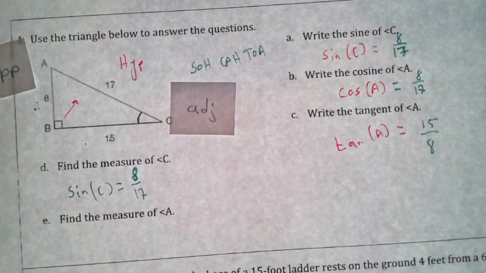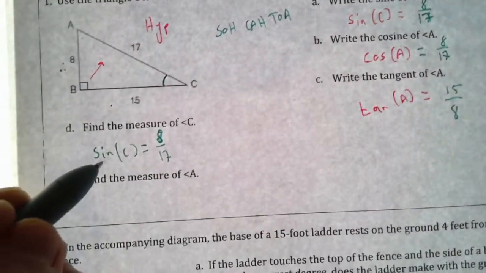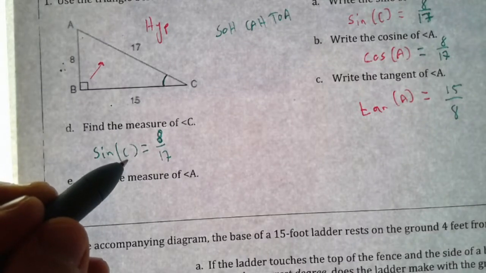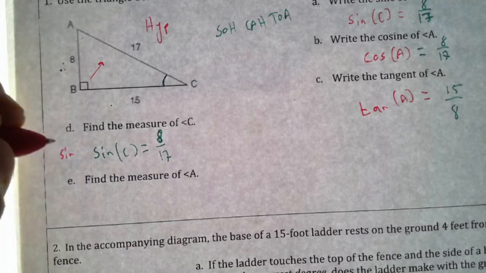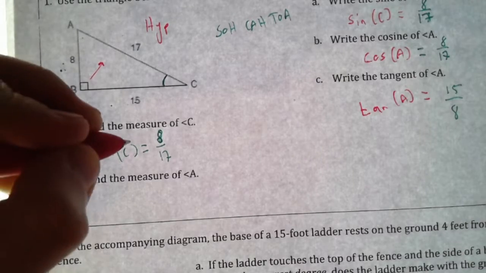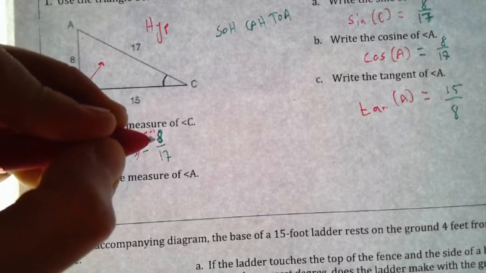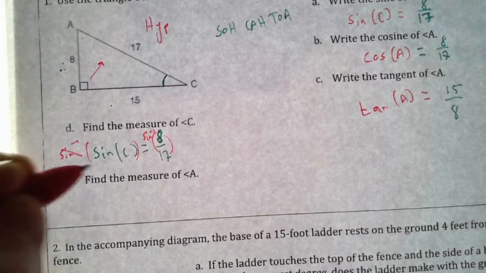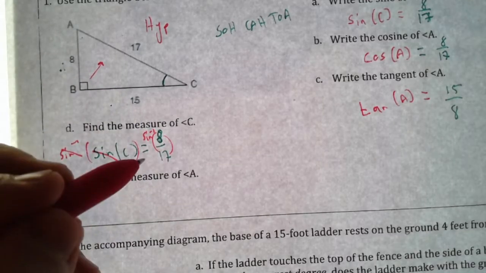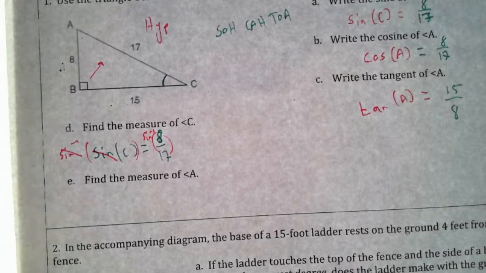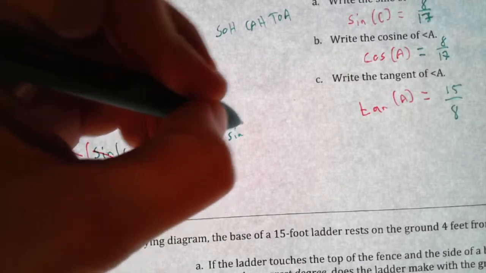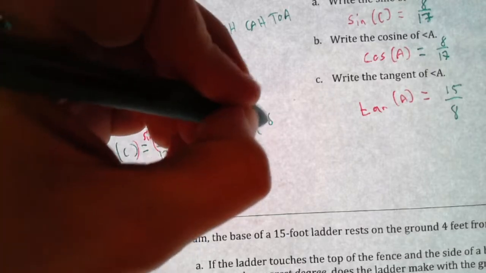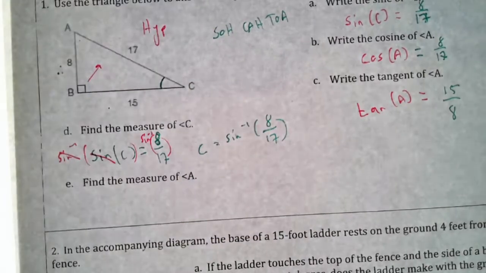When I have the angle that I'm looking for inside of my sine, I have to do sine inverse. This sine inverse cancels the regular sine, and I just need to plug that in there because now I've just got C is equal to sine inverse of 8 over 17.